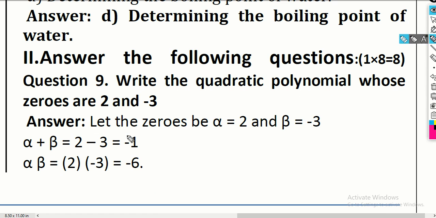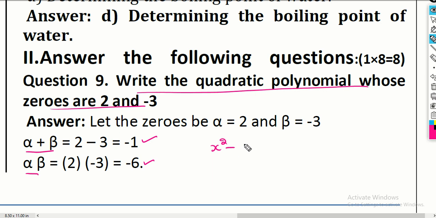Here you observe: write the quadratic polynomial whose zeros are 2 and minus 3. You have to find the sum of the zeros and the product of the zeros. The sum of the zeros, alpha plus beta, gives you minus 1, and the product of the zeros is minus 6. The quadratic polynomial is x square minus alpha plus beta into x plus alpha into beta.